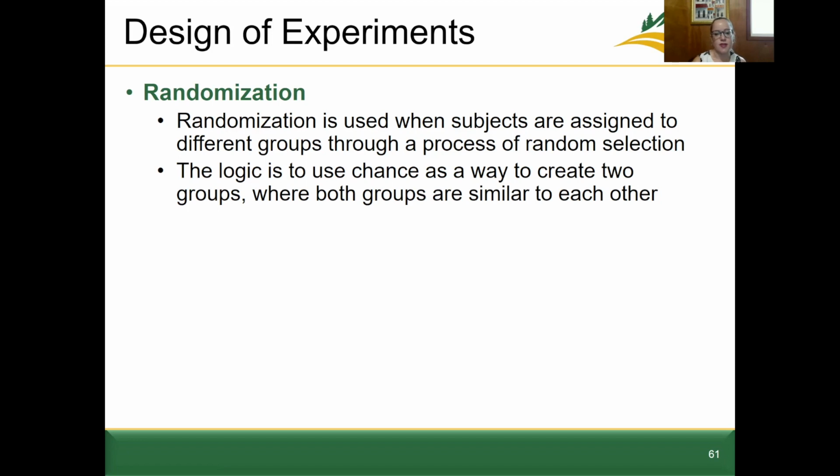This is used when subjects are assigned to different groups through a process of random selection. Again, we're trying to minimize biases, so we can use randomization to help with this. The logic is to use chance as a way to create 2 groups where both groups are similar to each other. We have a whole population and we randomly select subjects from that population. And then we hope that those 2 groups should be somewhat similar to each other.